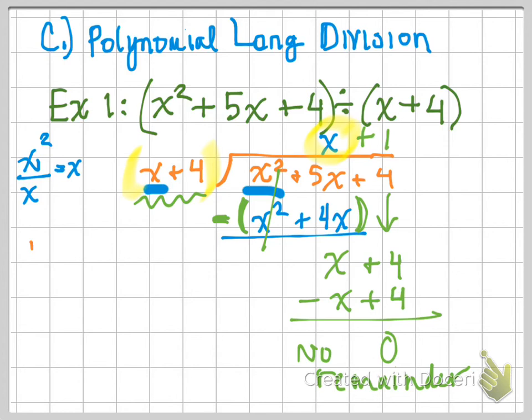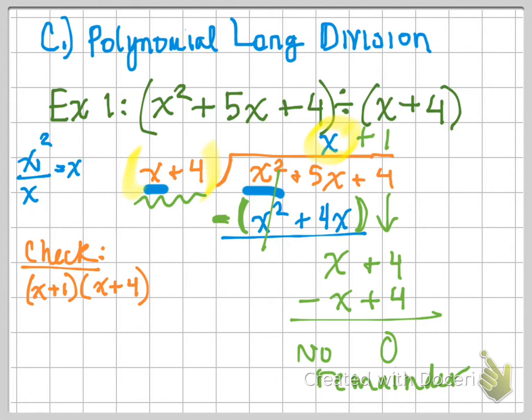Now we can always check our work to see if we did this correctly by multiplying, right? Because if x squared plus 5x plus 4 divided by x plus 4 is x plus 1, it means that x plus 1 times x plus 4 should equal back to the original polynomial.